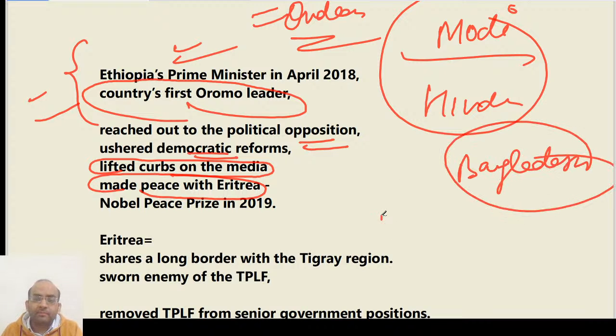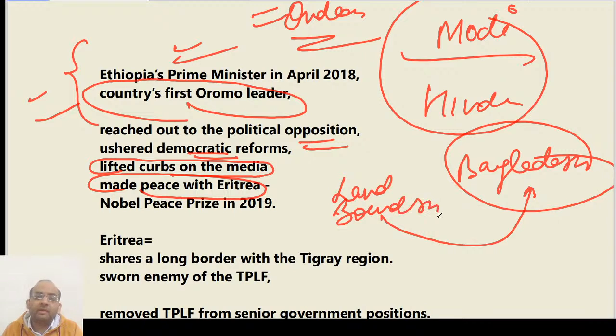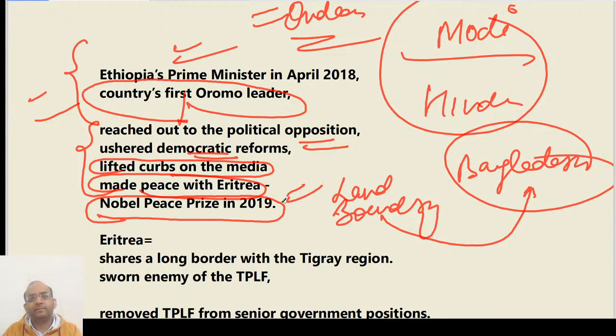Just like Modi has done peace with Bangladesh by the land boundary agreement, similarly, this person has done the same thing. That made him win the Nobel Peace Prize in 2019. So these efforts of democracy, human rights, peace, etc., make him the darling of the West. That is why he won the Nobel Peace Prize in 2019.